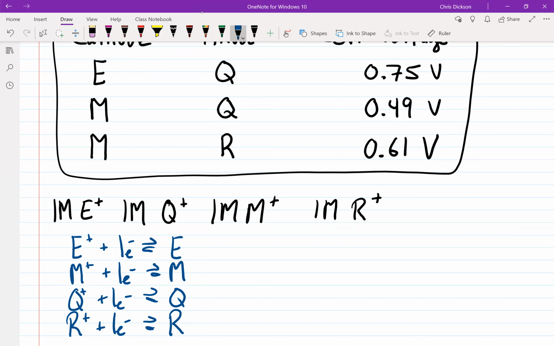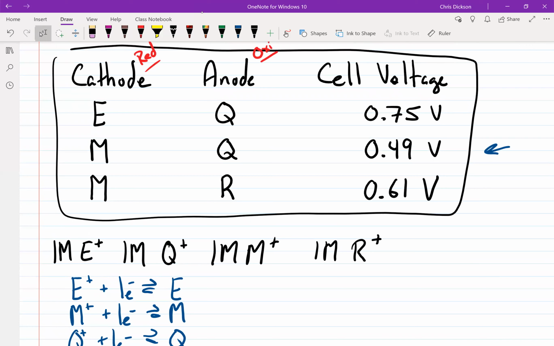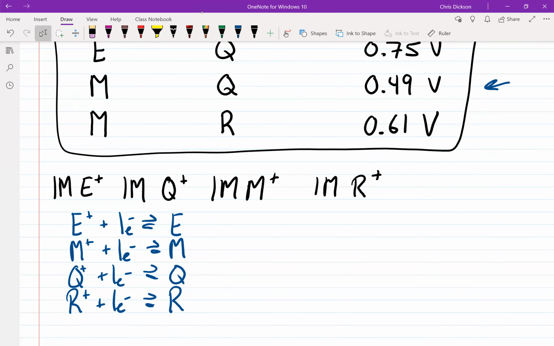So now I'm going to take the information from this data table and see if I can make sense of where the placement of these things would be. So if E is the cathode and Q is the anode, that means reduction has to occur for E and oxidation has to occur for Q. Right now, that's actually going to work out because E is here and Q is here.